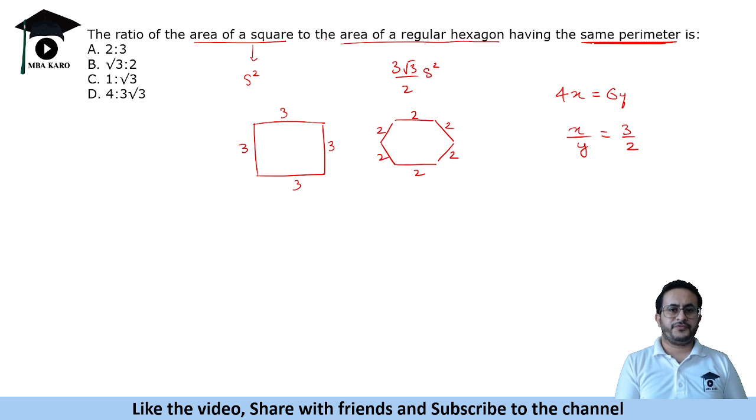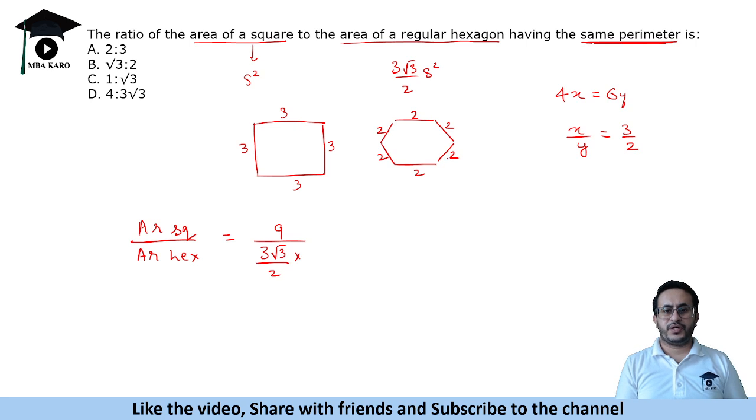We need to find the area of the square to the area of the hexagon. Area of square upon area of hexagon. Area of square is 9. Area of hexagon will be 3 root 3 by 2 into side square. Side is 2, so it is 4.